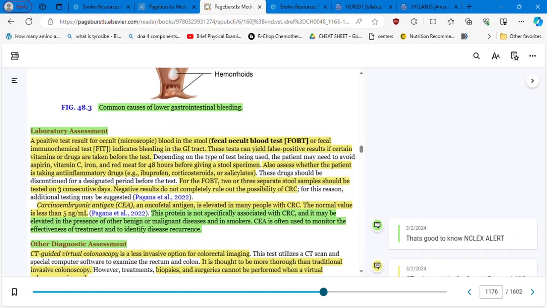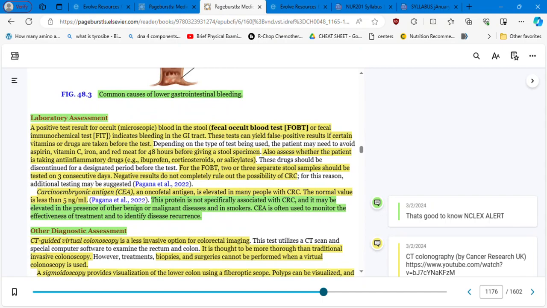Okay, laboratory assessment, a positive test result for occult microscopic blood in the stool, the FOBT, fecal occult blood test. We have all the tests that you already need to be familiarized with since the first chapter of GI, which is assessment. A few extra information.